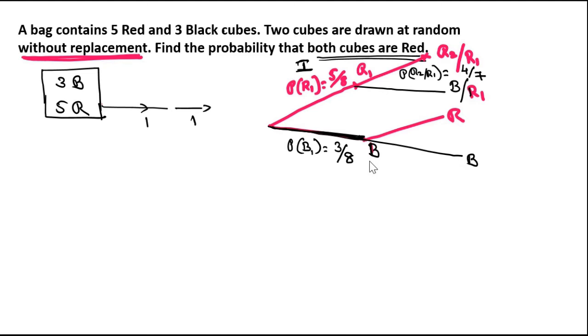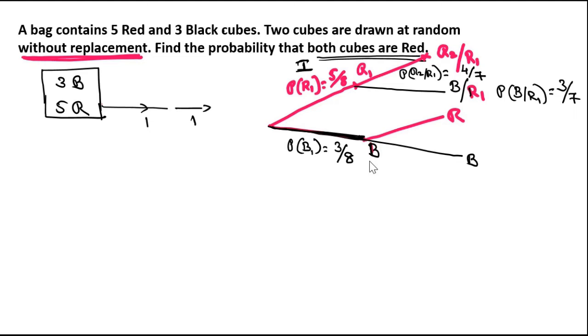Similarly, what is the probability of black given red one? In the first draw we took 1 red, then the probability of getting black: black there are 3, only red we took in the first, so it's 3 itself. But the total is 7, because 1 out of 8 balls, 1 red we already took. So 3 by 7. This is your conditional probability, probability of black given R1.